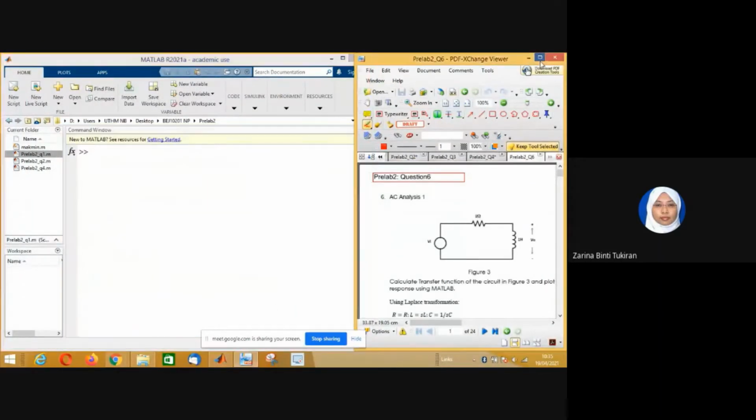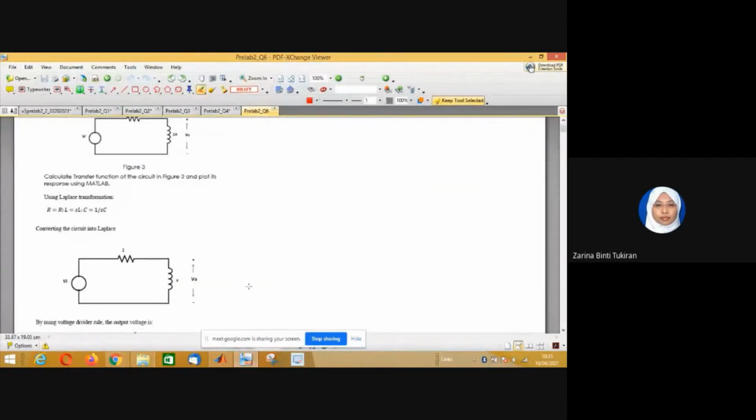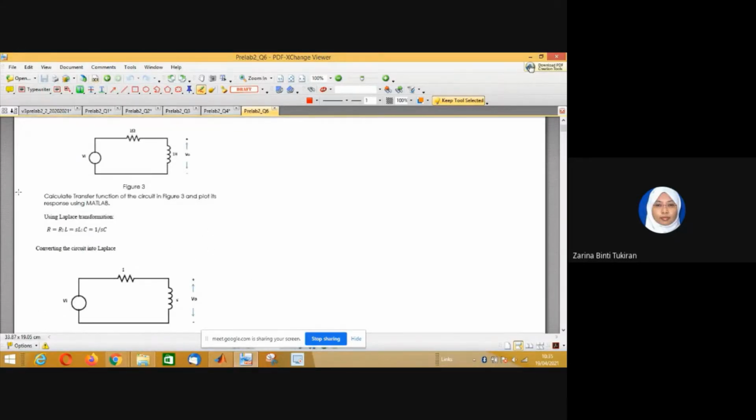As usual, before you do the programming straight away to the MATLAB, you need to really understand what this is all about. In this case, it states that you need to provide the transfer function of this circuit and plot the circuit response by using MATLAB.